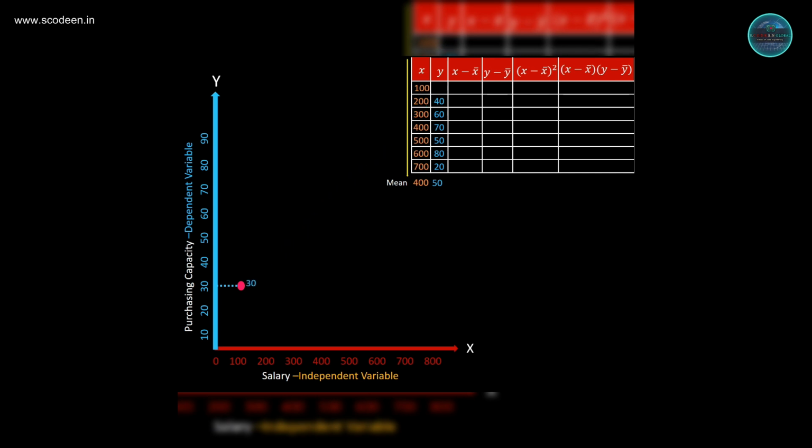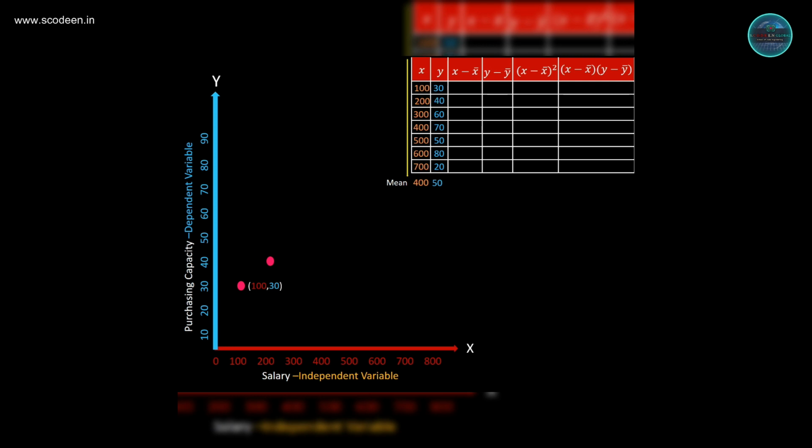So the coordinates are 100 and 30. Similarly, observation 2 holds 200 as the x-axis value and 40 as the y-axis value.